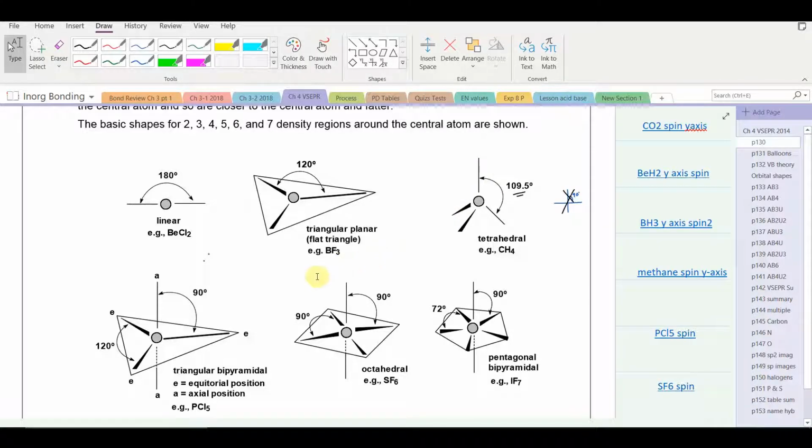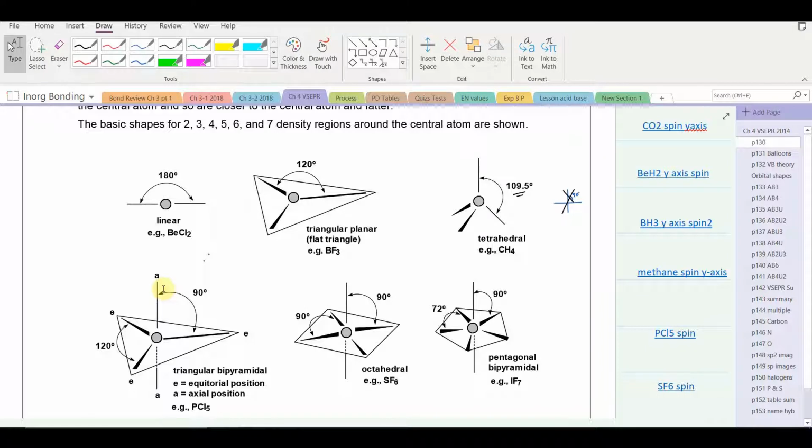If an atom has five electron clouds around it, they'd be situated as depicted here. So we have three electron clouds arranged in a flat triangle, and those are called the equatorial positions, marked E. The bond angles are 120 degrees apart. But then two other electron clouds would be situated above and below that plane in what is called the axial position.